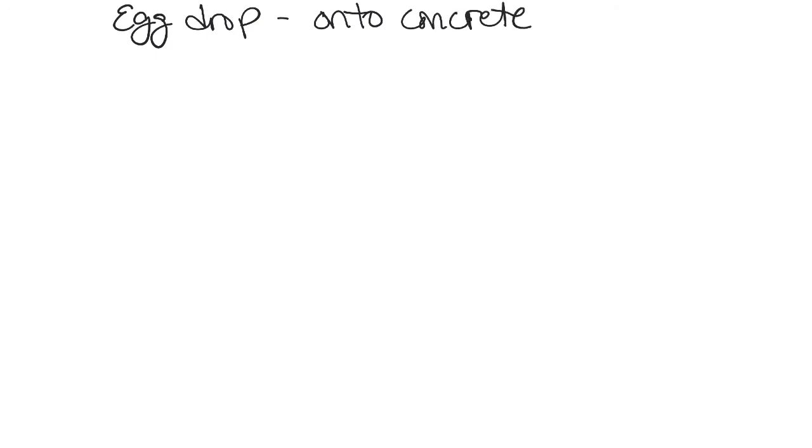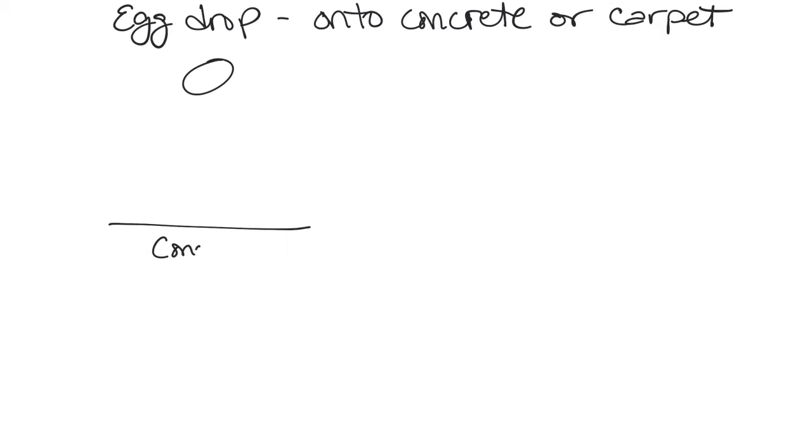Okay, so where does this stuff come into play in real life? Let's imagine I drop an egg, and I could drop it onto concrete or carpet. Depending on if I want an omelet or not, I guess I have different choices. Here's my concrete, and here's my carpet.